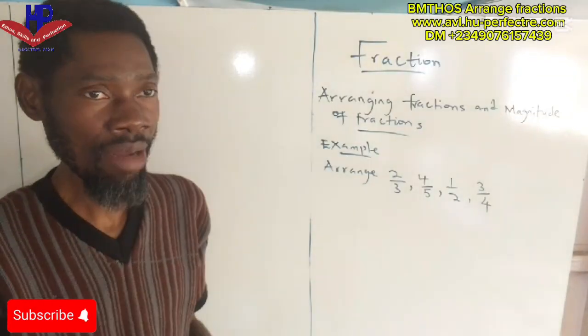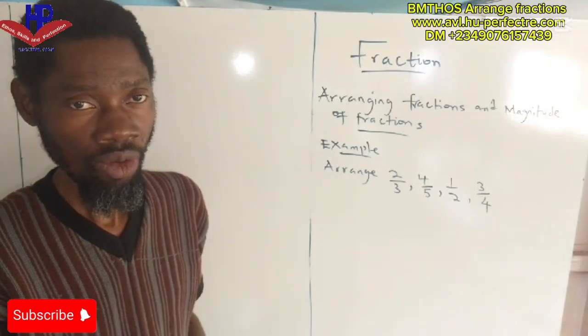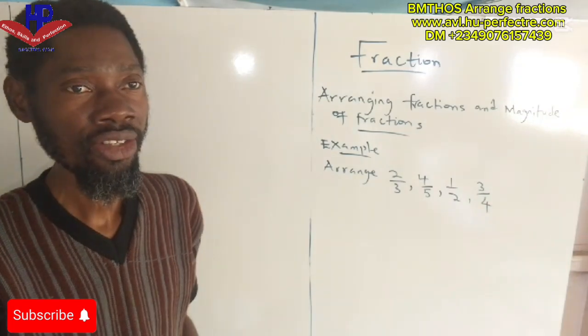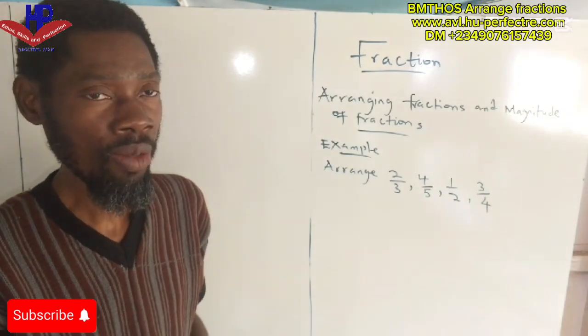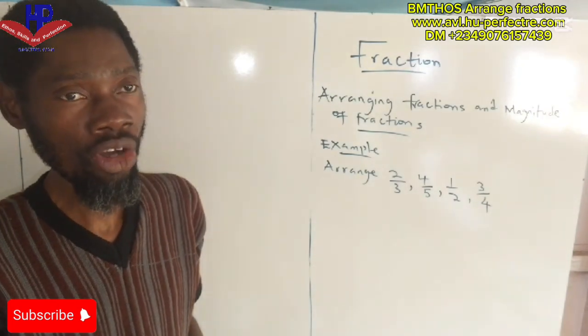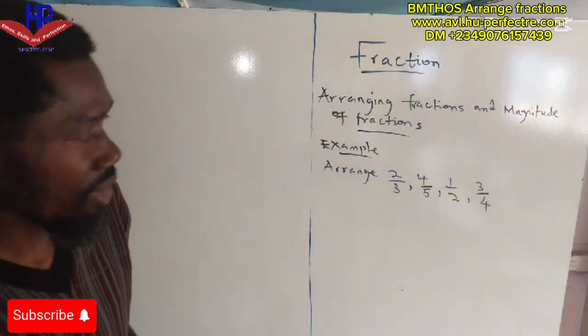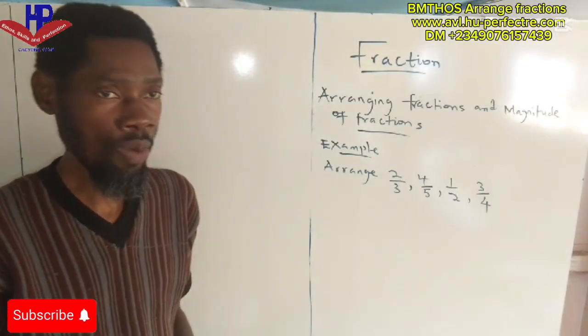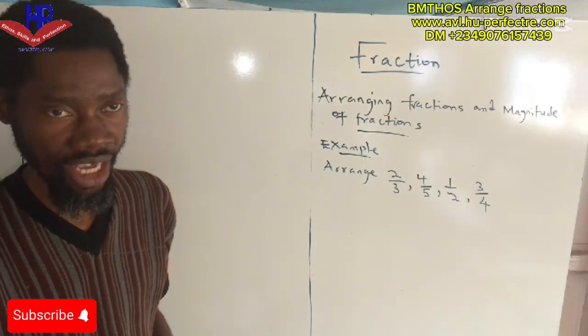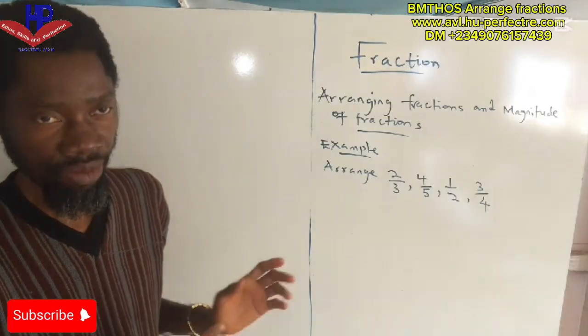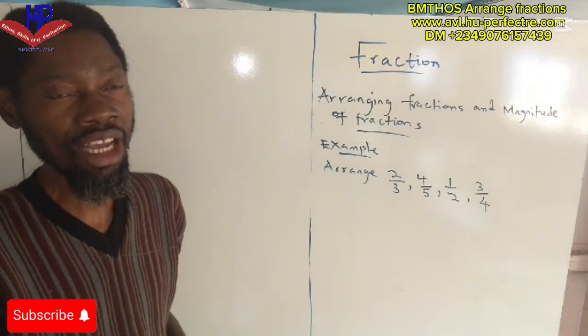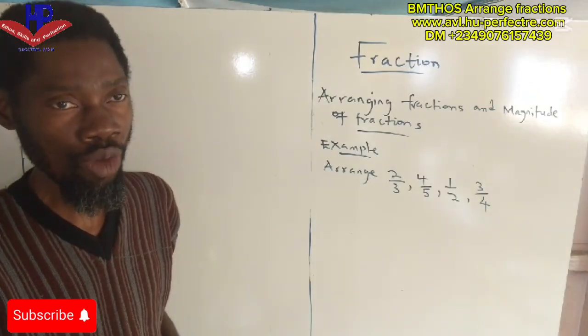There are two methods that I'm going to show us today. One of the methods is the LCM method, and the other one is the decimal method. We are going to start with the LCM method, so please pay proper attention to these methods so you have a better understanding of what we are dealing with today.